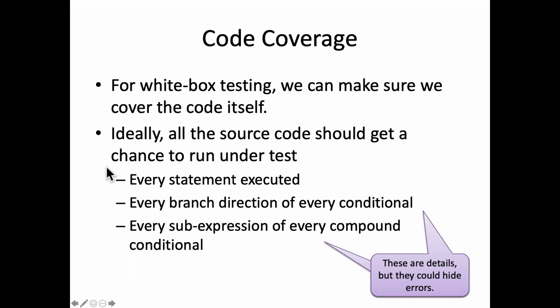Typically we think of using coverage measurement to figure out which statements got executed, but we'll see in a moment, you can measure coverage at an even finer granularity than that.